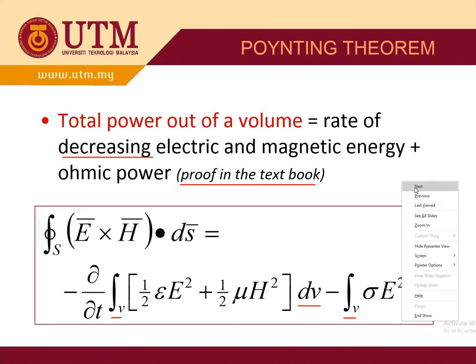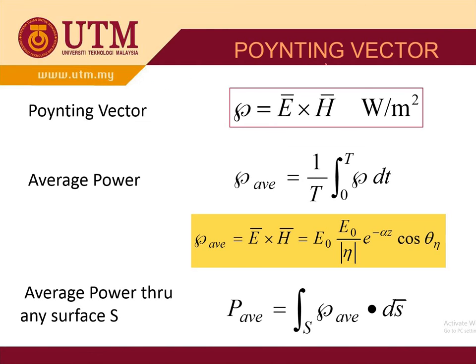Okay, so the Poynting vector equals E cross H, and the unit is watt per meter squared. And then the average power equals 1 over T integration from 0 to T, okay, because time from 0, you cannot have negative, right? So 0 to T, and you have dt.